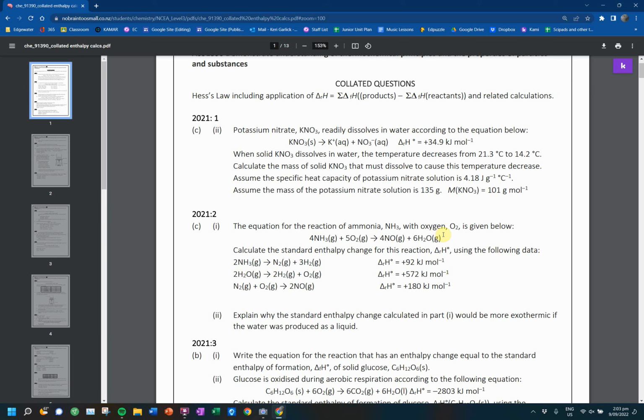The second equation is the degradation of water, or decomposition of water. That's the word I was looking for. And as you write states, what is that? Positive 572 kilojoules per mole.